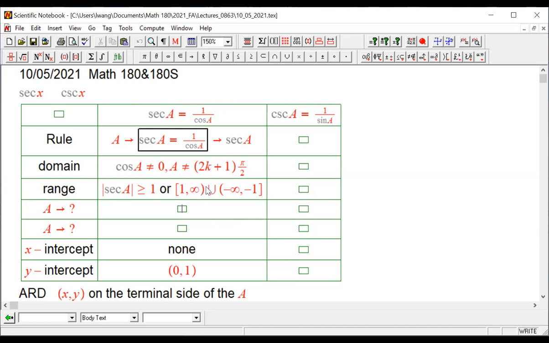The problem points are when we get closer to the border of domain and non-domain. For example, we cannot assume the odd number multiples of pi over 2, right? Those are the places we're going to spend more time on, because those are the problem places.